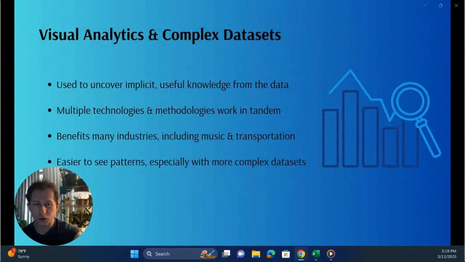Visual analytics is a powerful tool that integrates multiple technologies and methodologies to transform and understand complex data sets. In the context of infectious disease research, it helps researchers analyze large data sets to detect patterns, predict outbreaks, and guide policy decisions.